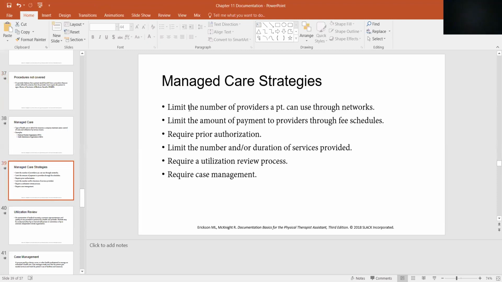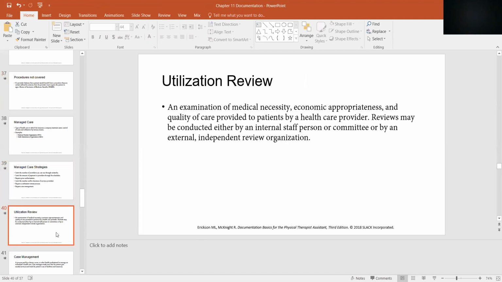It limits the number of providers a patient can use through networks. It limits the amount of payment to providers through fee schedules. It can require prior authorization. It can limit the number or duration of services provided. It can require a utilization review process, and requires case management. So we're going to talk a little bit about these.